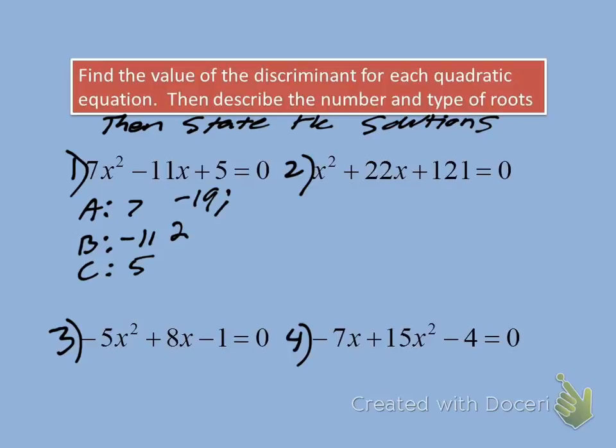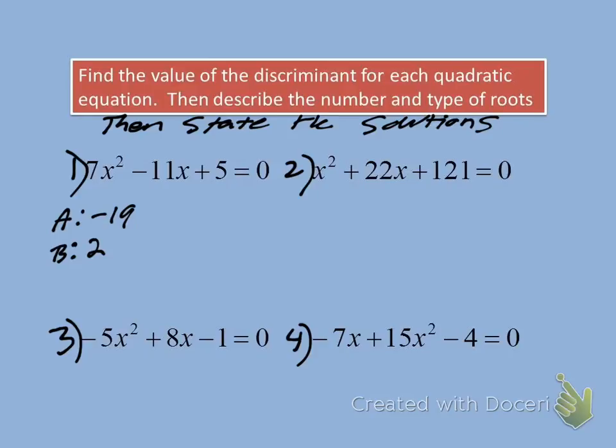So part A, state the discriminant. -19. B, state the number and type of solutions. 2 complex. And then C, what are those solutions?